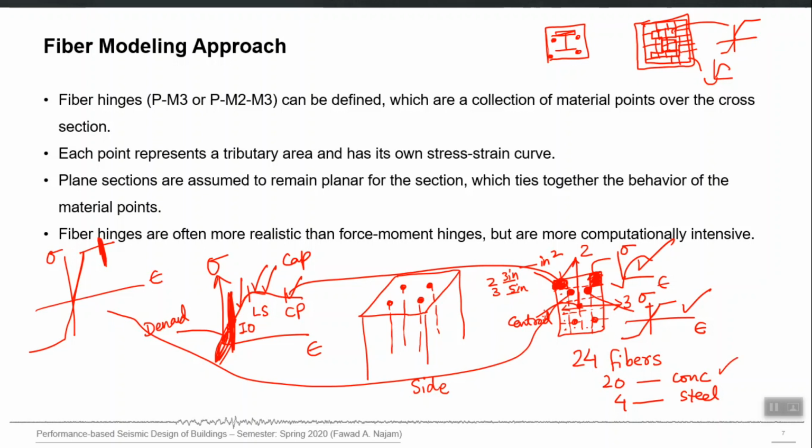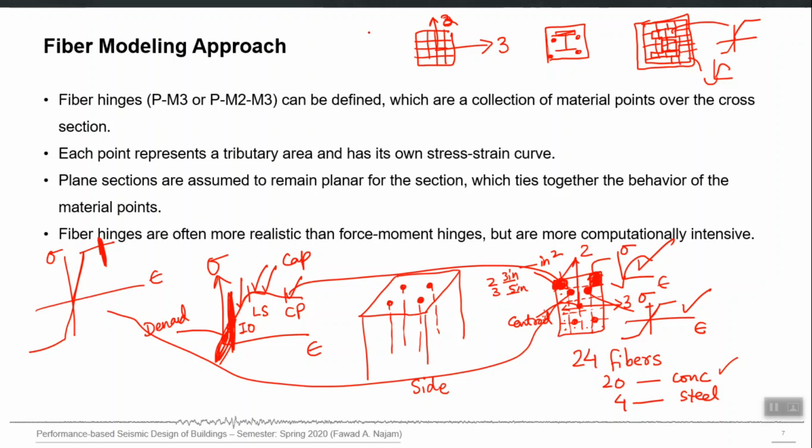In case of a column, since it can bend on both sides, it can undergo biaxial bending, so we cut the cross section in both directions like this, right, and then in this direction also. But for beams, since the primary bending direction is one direction, which is M3, if its cross sectional axes are denoted as 3 and 2, then if this is a column, it can have M2 and M3 both, but if it is a beam, it can only have M3, right.